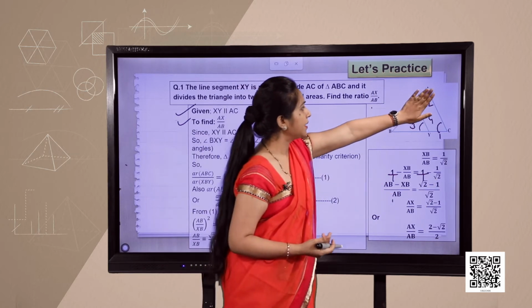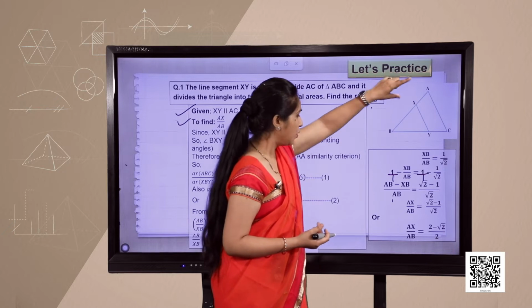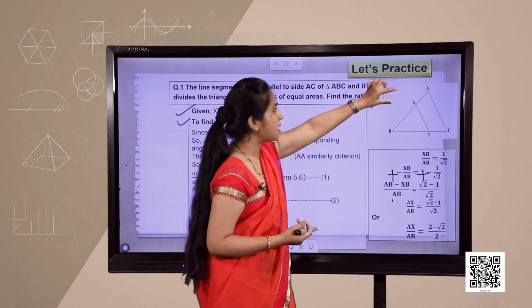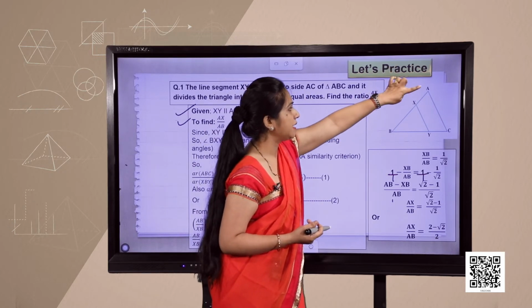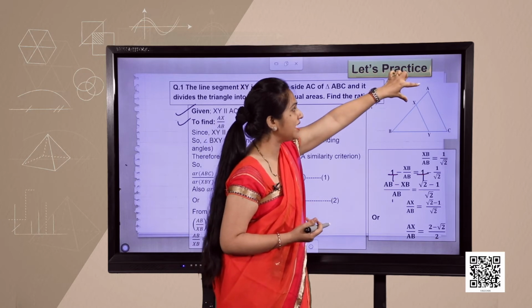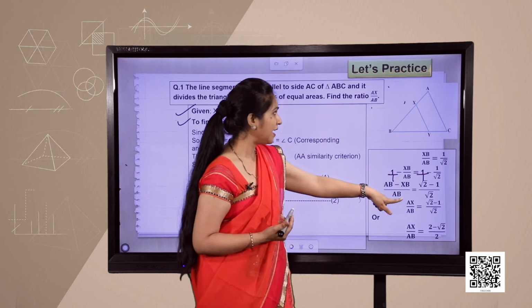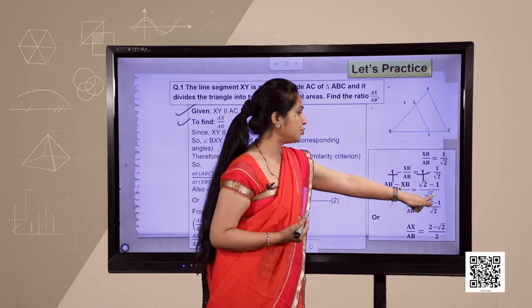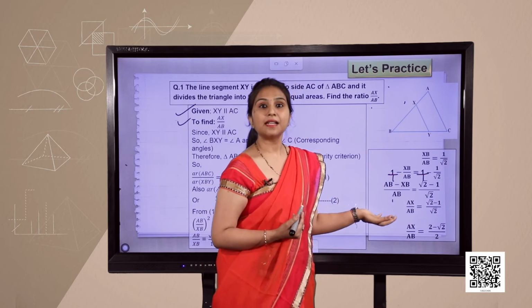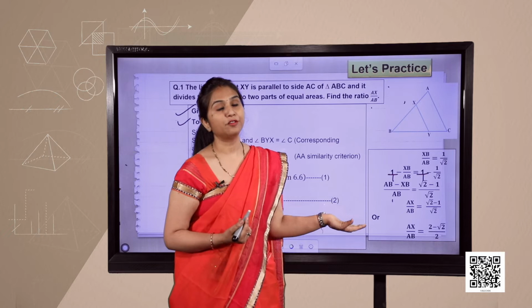Now, see the diagram again. What is this AB minus XB? What are you going to get? AB minus XB will give you AX only. So, you have AX upon AB is equal to root 2 minus 1 upon root 2. That is your answer. This is what you have to find out.